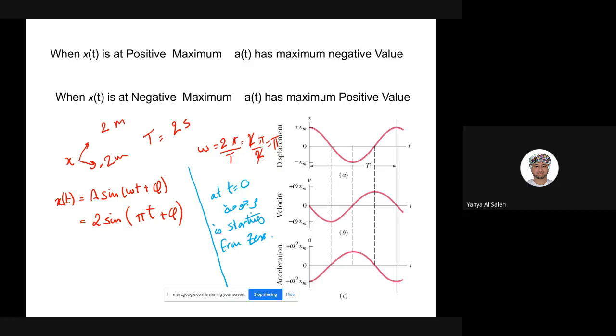So we plug it in. At t equals 0, our position is 0.